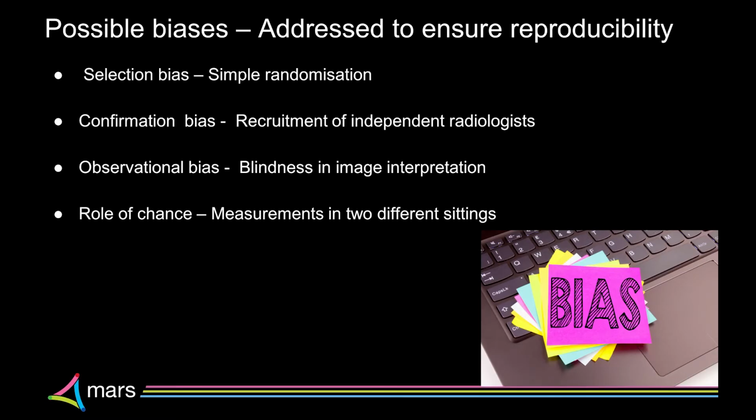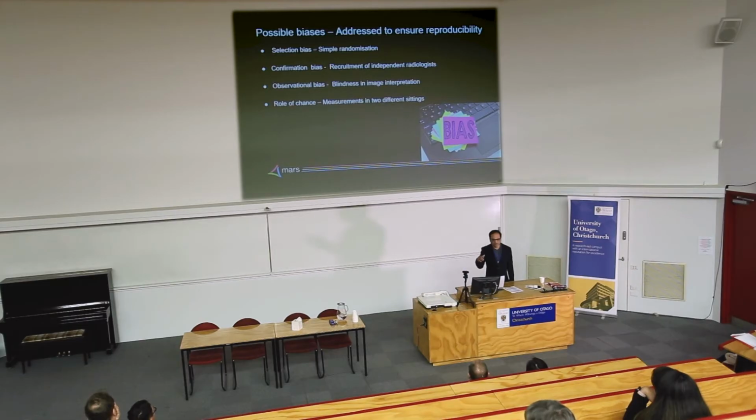To ensure the reproducibility of the results, possible sources of bias were identified and addressed. Selection bias was addressed by simple randomization of the specimens. As a PhD student and a MARS employee, I might have a confirmation bias, so we recruited 2 independent radiologists for the image interpretation.